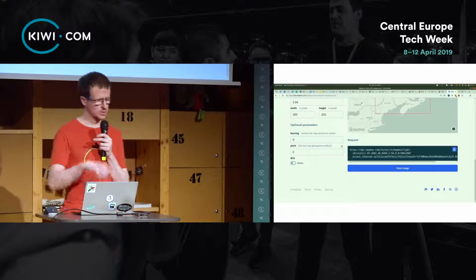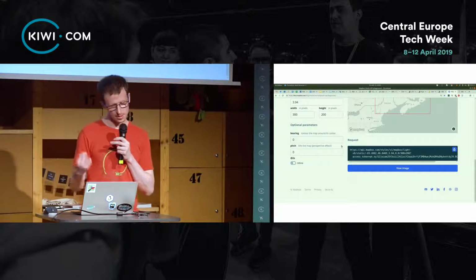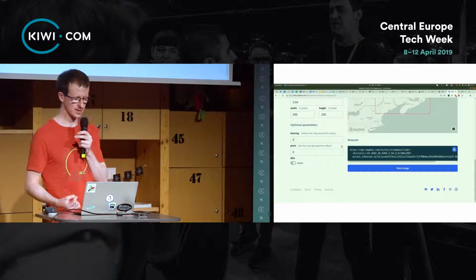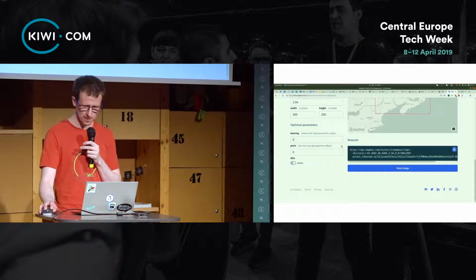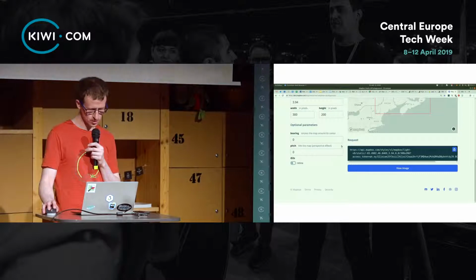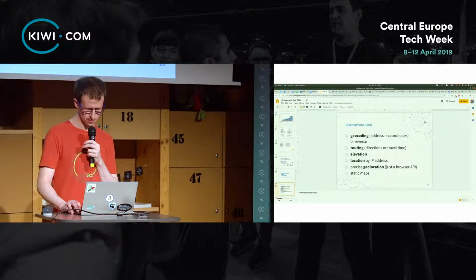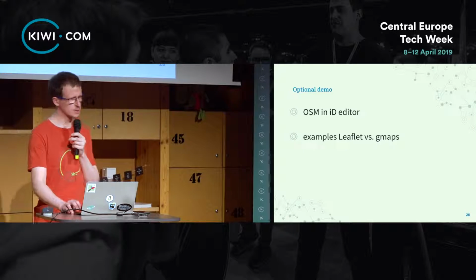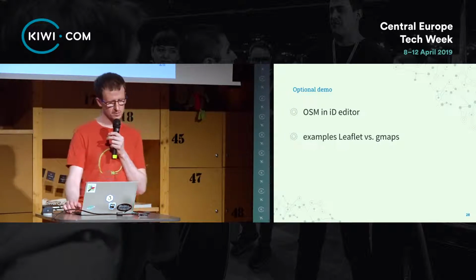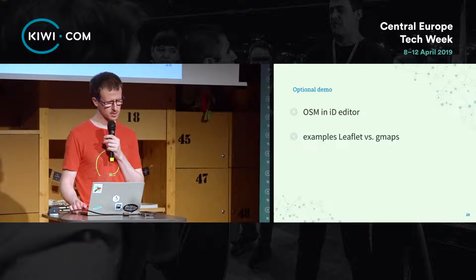It can also render routes, which are encoded into your URL, but you are limited by the 8,000 character limit of the URL. Well, let's get back to the presentation. Yeah, I have some examples. Maybe I will share these examples with you on GitHub or something.